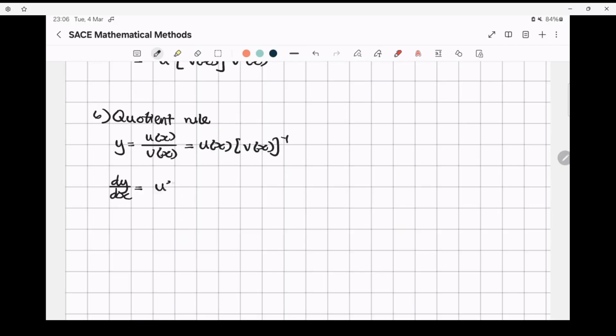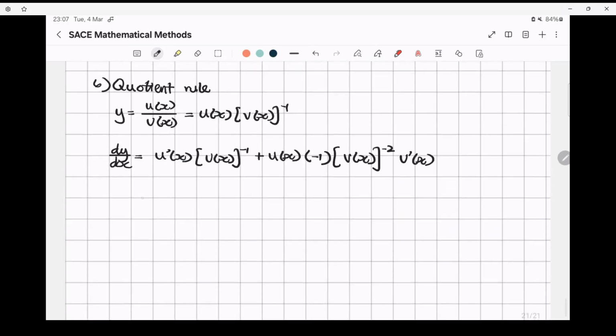So you have u prime x vx to the power of minus 1, and then plus ux. Now you need to differentiate the second part, so you use chain rule. So you have minus 1, then vx to the power of minus 2, this is chain rule, then v prime x.